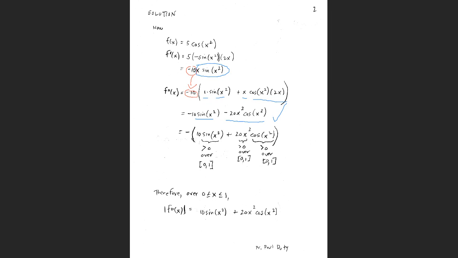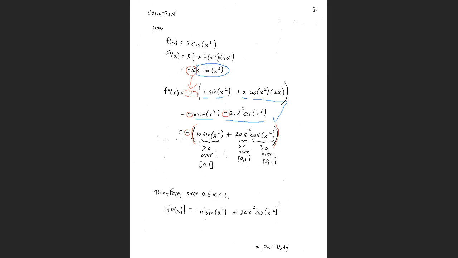All right, well, what I'll do now is factor a negative out. I notice that both terms of my second derivative are negative, so I can factor the negative out and write this second derivative as negative times the quantity of 10 times the sine of x squared plus 20x squared cosine x squared.